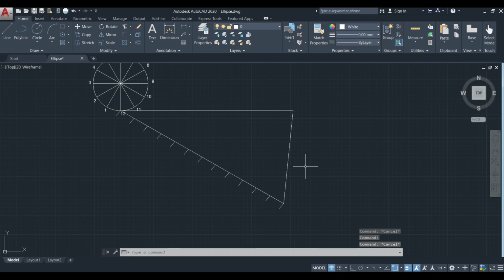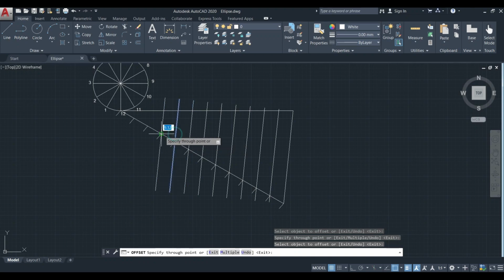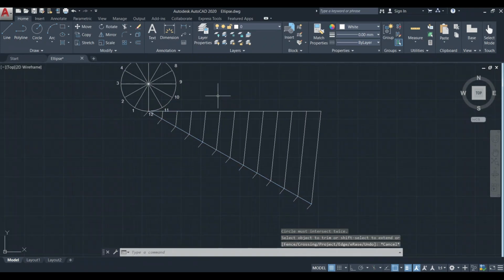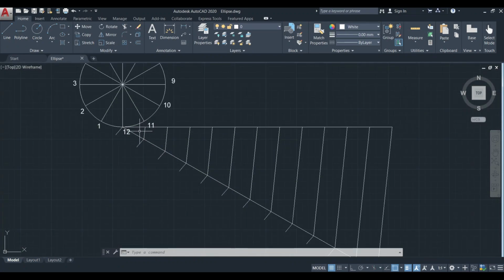Then we can draw lines parallel to this line through each and every individual division point marked here. Then we will get a figure like this. So we can mark points on the divisions here.